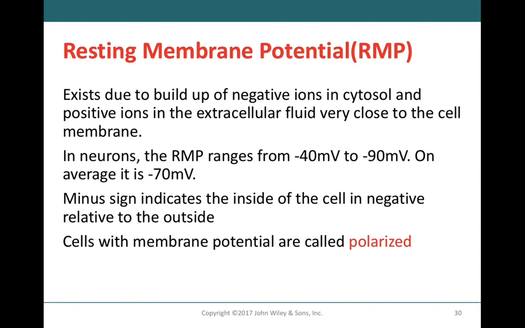So that's really all this resting membrane potential is, a difference of electrical charges from one side of the membrane to the other. Due to negative ions building up inside of our cell and positive ions building up outside of our cell, that sets up a charge difference across the membrane. Let's say, for example, we have 50 negative charges built up on the inside of the cell and 50 positive charges built up on the outside of our cell.